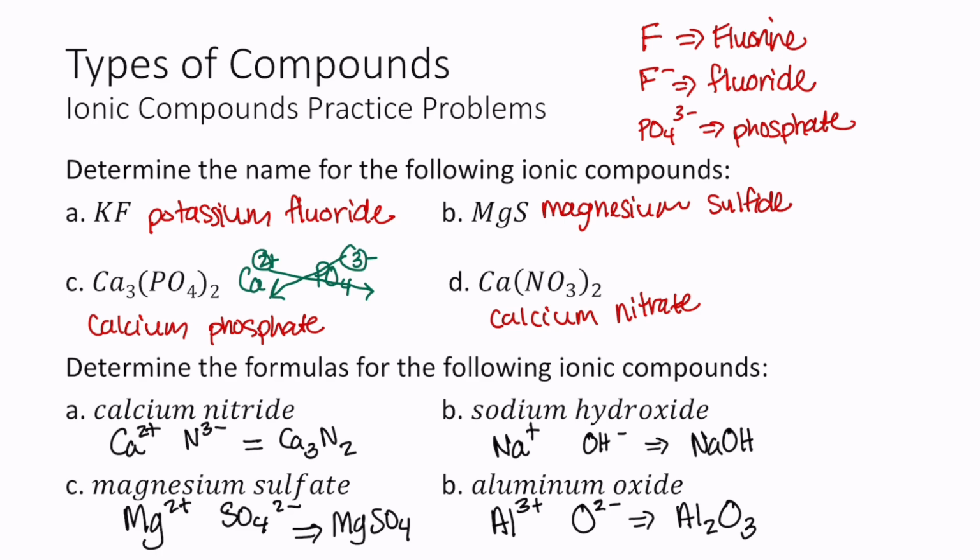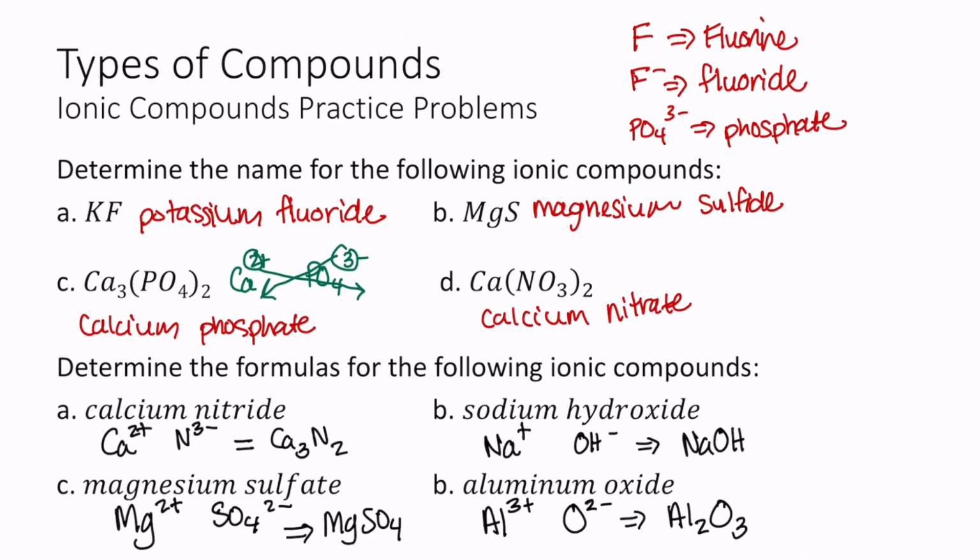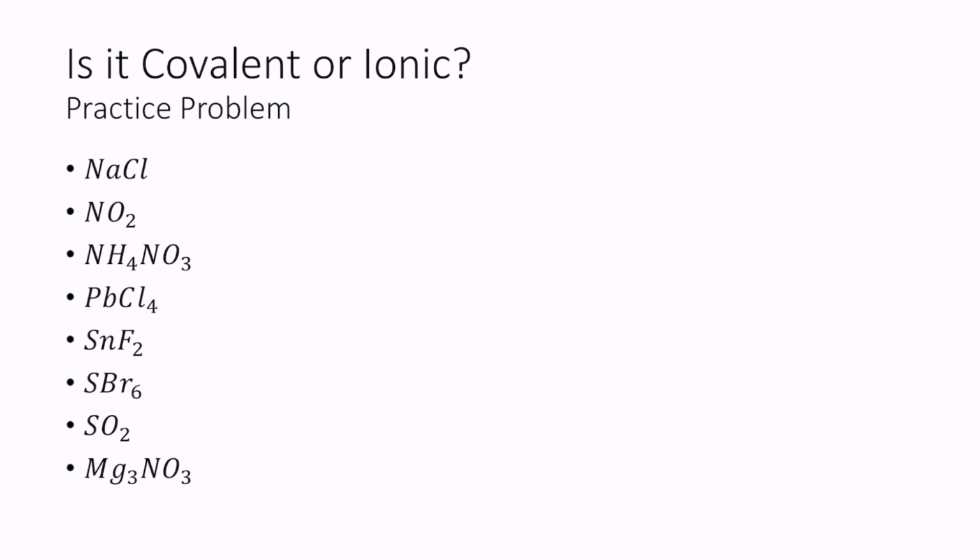Now, when you are naming these different compounds, or you're taking the name and getting a compound, it's very important that you can differentiate between whether it is an ionic or a covalent compound because they have different rules. So on this slide, we can get some practice with identifying whether something is an ionic or covalent compound. The easiest way to do this is look for a cation.